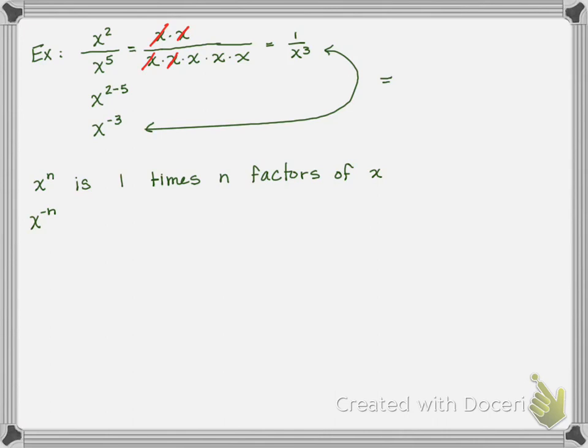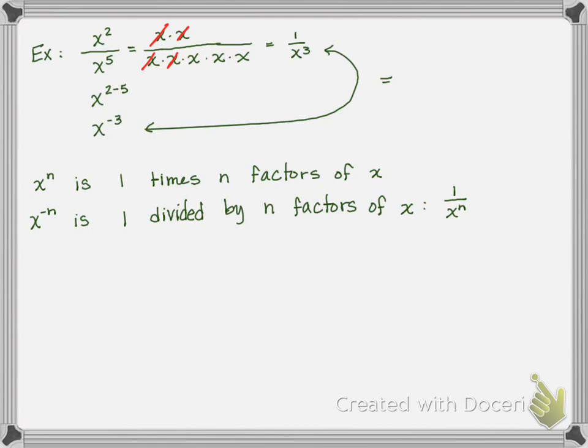But if we think instead of that negative sign as like an opposite sign, we can think of this as 1, and then the opposite of multiplying by n factors of x. What's the opposite of multiplying? Dividing. So this is 1 divided by n factors of x. And so that's how we get 1 divided by x to the n.